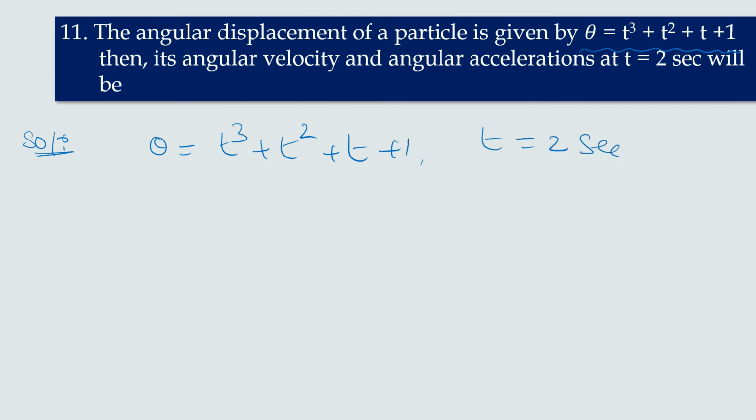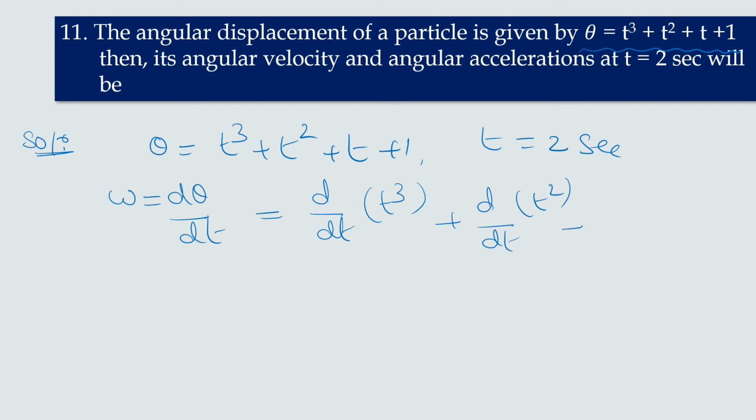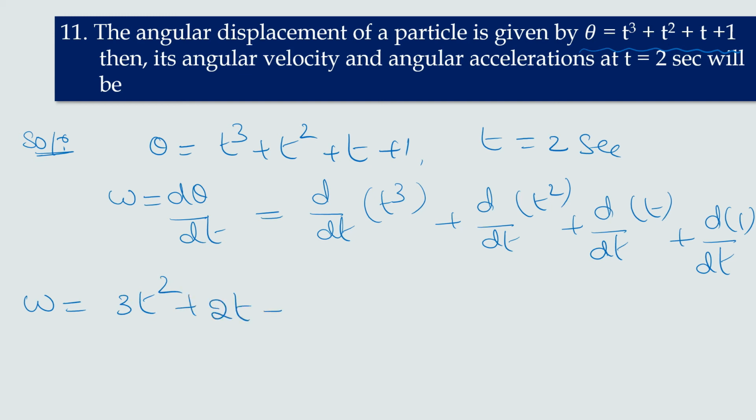And omega is equal to d theta by dt, that is equal to d by dt of t cube plus d by dt of t square plus d by dt of t plus d by dt of 1. So omega is equal to 3t square plus 2t plus 1 plus 0.